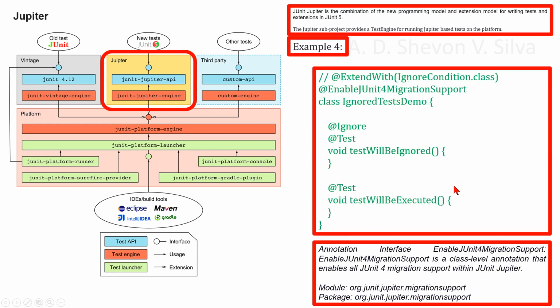Here, as an example 4, we can consider this code segment. Annotation interface EnableJUnit4MigrationSupport. EnableJUnit4MigrationSupport is a class-level annotation that enables all JUnit 4 migration support within JUnit Jupiter.